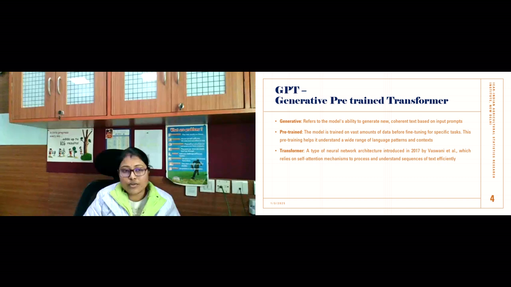Now comes the pre-trained. What do we try to understand by pre-trained? First of all, in case of large language models, I have already told you that these models are trained on a huge data set, and it is very computationally intensive. So every time you want to do some task, whether it is machine translation, suppose one model has been used to translate one language to another, say English to Hindi. Somebody has developed an LLM where the model can translate English sentences into Hindi sentences.